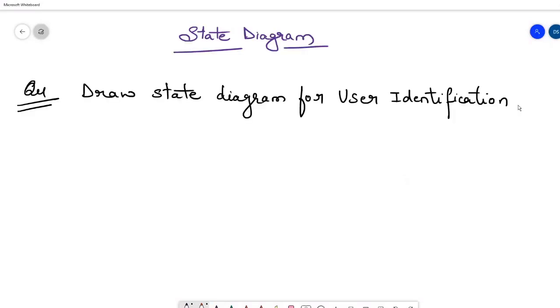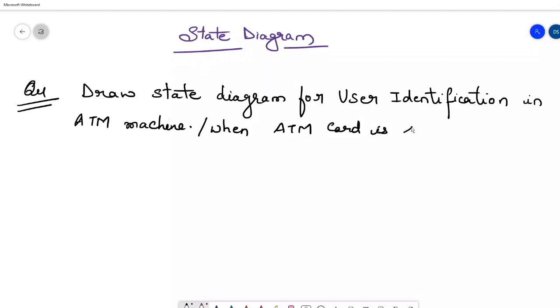So let the question be, we have to draw a state diagram for user identification in an ATM machine, or we can say when the ATM card is swiped.